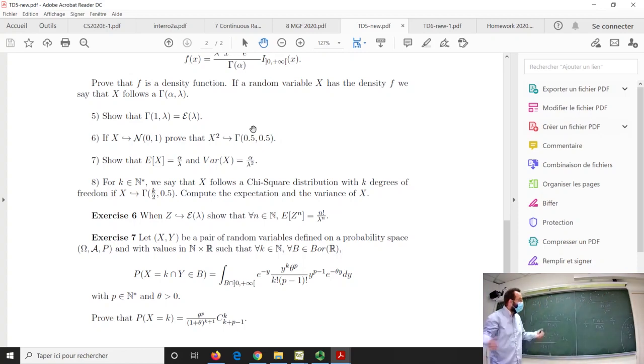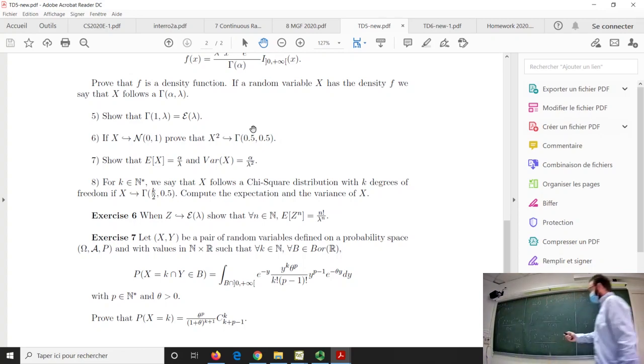Okay? Now, with alpha plus 2 instead, because I want to make x to the power alpha plus 1 appear, so I need to take alpha plus 2 inside this expression. So I obtain gamma of alpha plus 2 over lambda to the power alpha plus 2.